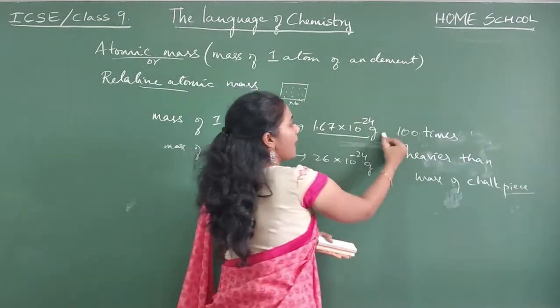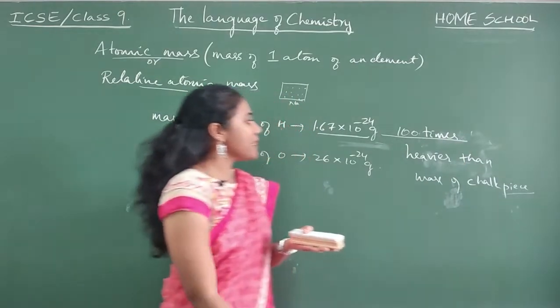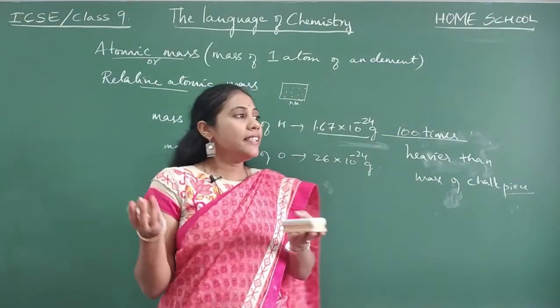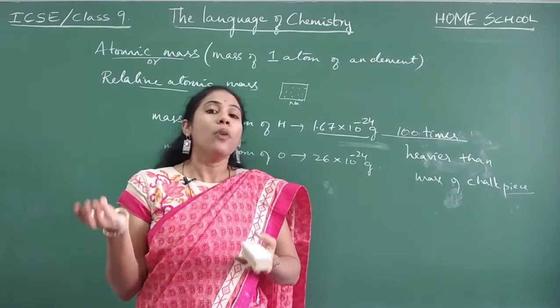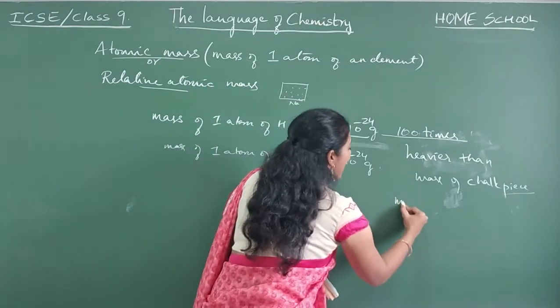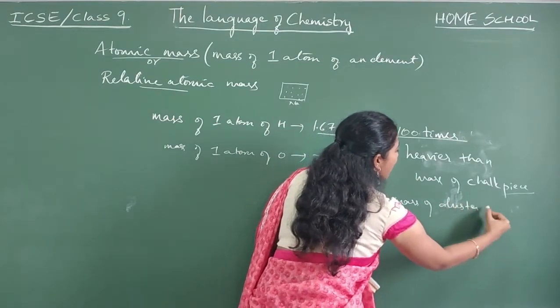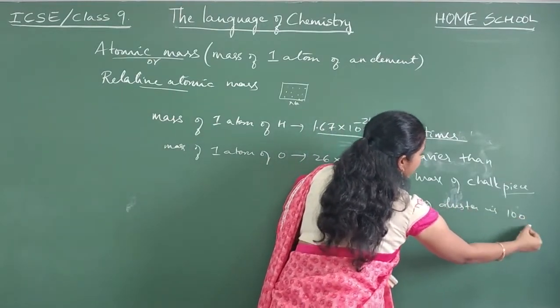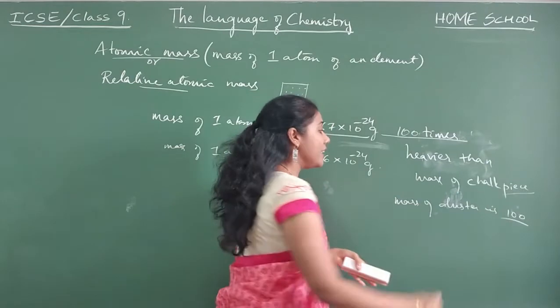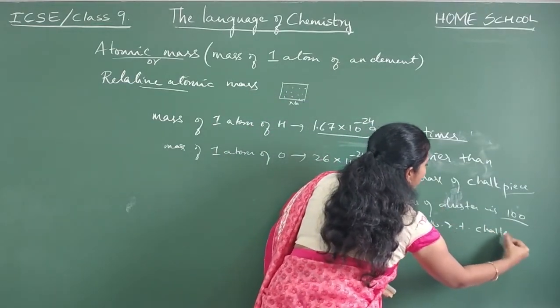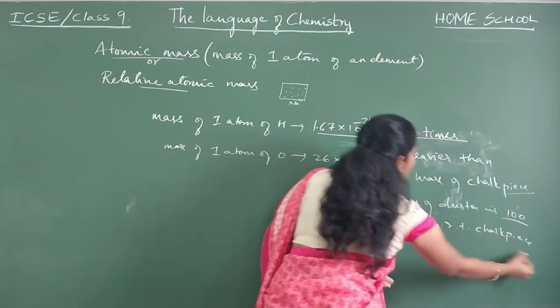So the duster's mass is 100 times heavier than the mass of the chalk piece. Then according to chemistry, what I can say is the mass of the duster is 100 with respect to the chalk piece.